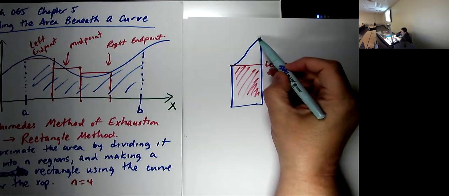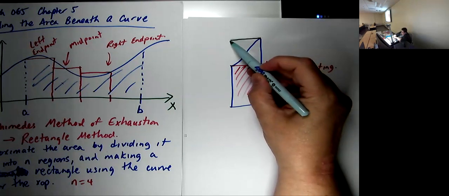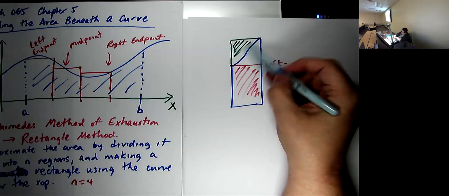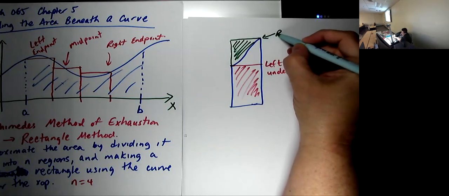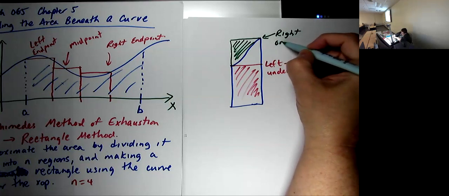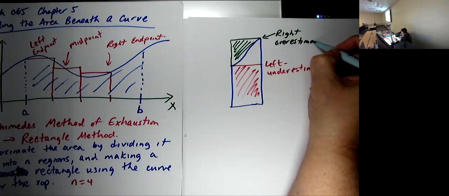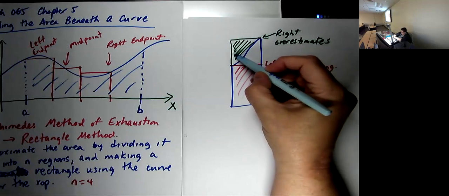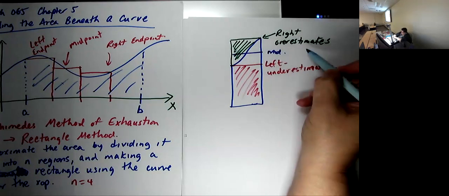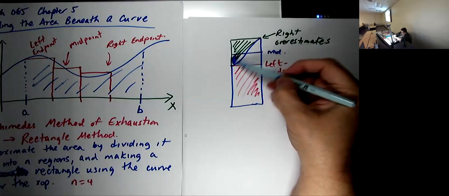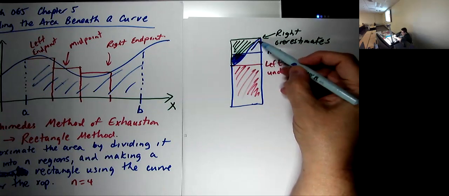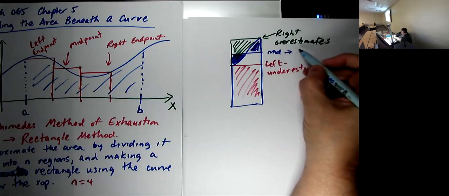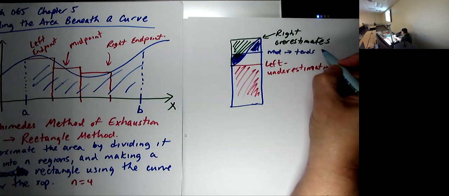If I do the right endpoint, I'm getting extra. So the right endpoint overestimates. And the midpoint does a little of each. If I do the midpoint, I have extra here that I shouldn't count, but I'm missing some here. And so this tends to balance.